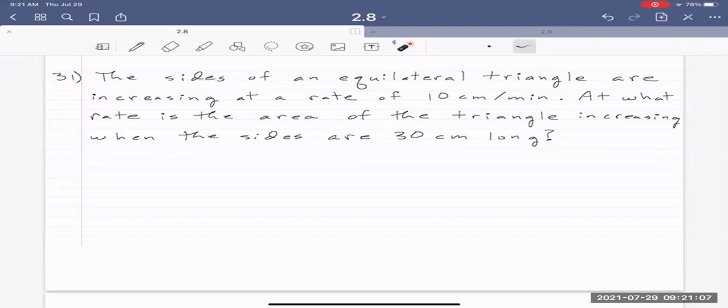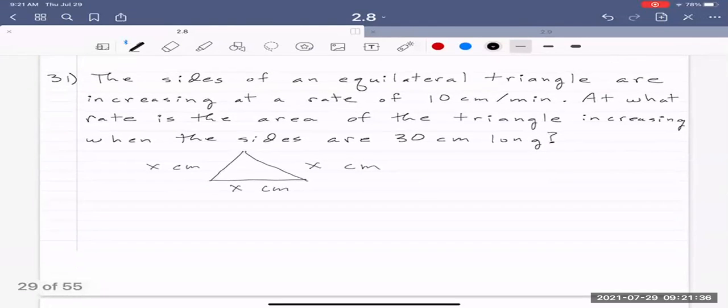Okay, so I have here some equilateral triangle. Let's call each of these sides x. So that's the length of each of these sides.